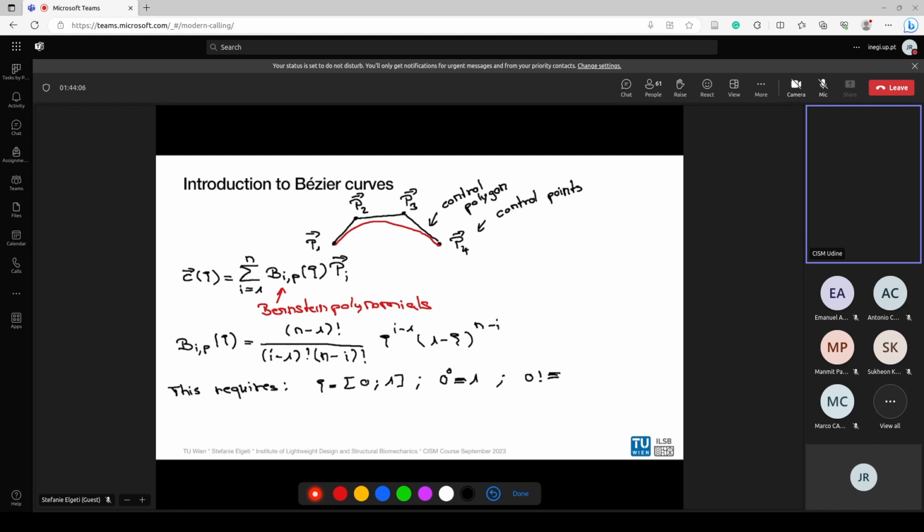And the polynomial degree of this Bernstein polynomial, and through this also of the curve, is always n minus 1. So we have a strict connection between number of control points and degree of the curve. That's important for the Bernstein polynomials.